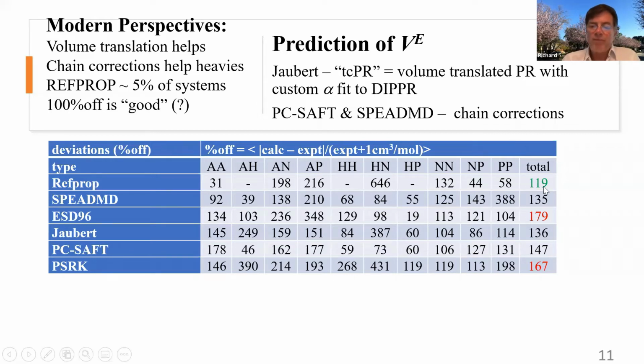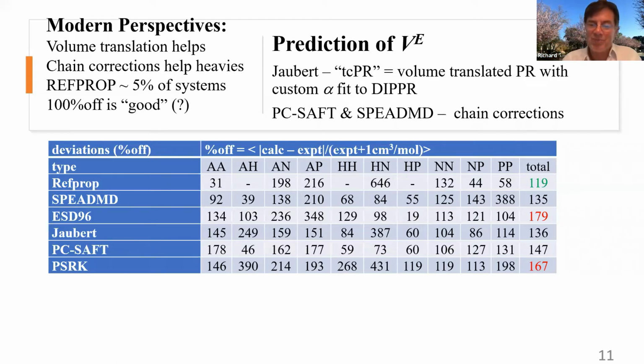And then REFPROP tells you that, okay, yeah, we've got 100% error here. That sounds like a lot, but remember, these are very small deviations of the excess volume relative to the actual volume. And so it's 100% of a very, very small number.